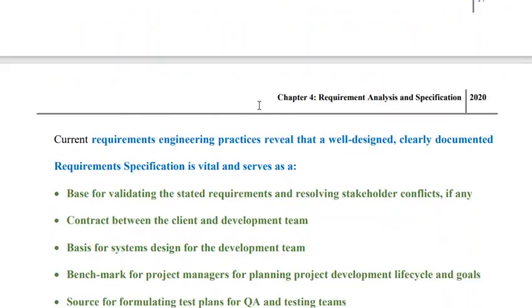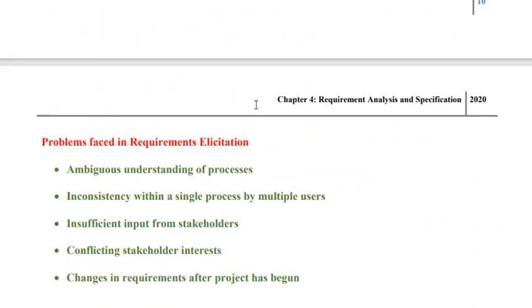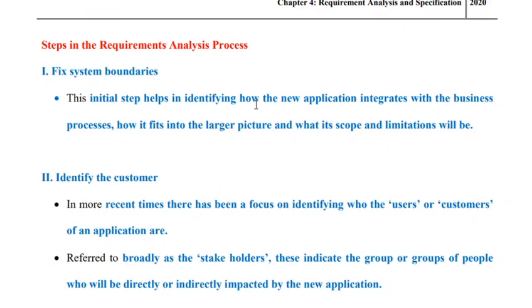We'll be discussing each of these in detail, so do not worry about that. Let us focus on the first phase of requirement analysis, fixing system boundaries. So why do we need to fix up the system boundary?